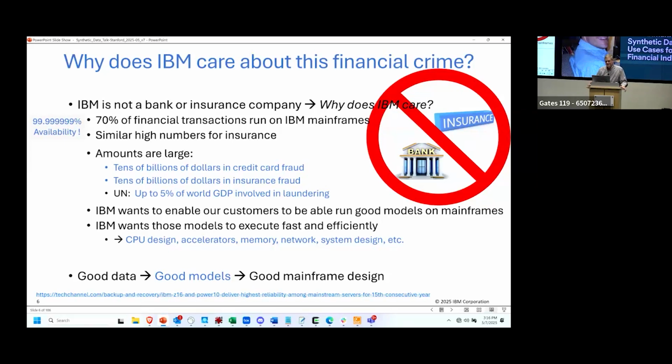So IBM cares because we're sort of inadvertently providing the systems and hardware where a lot of this fraud, crime, et cetera, is done. And to further quantify it, most estimates say there are tens of billions of dollars a year just in the US in terms of things like credit card fraud. There's 40 billion, these are with a B, just in property and casualty insurance fraud, and then there are other types too, like health insurance fraud and others.